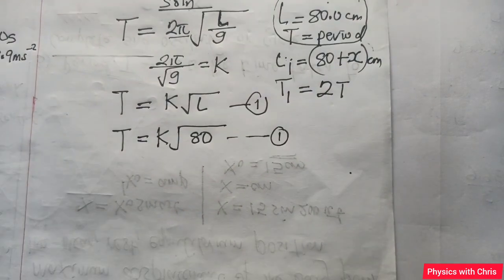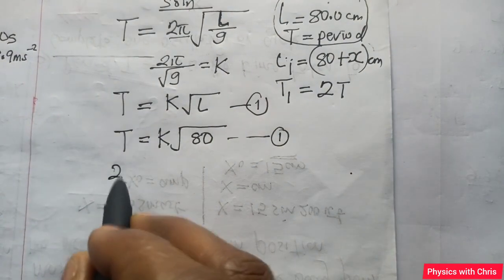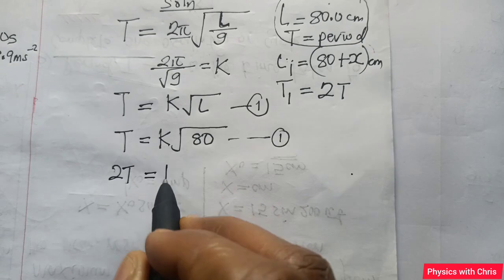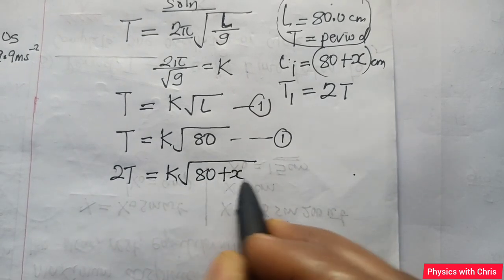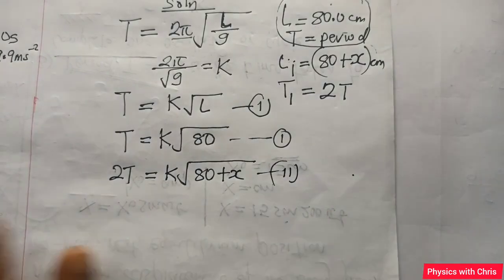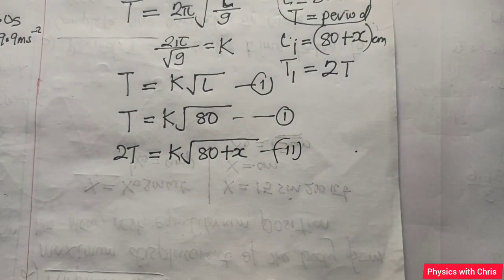Now the second condition says the length is increased by x and the period is doubled. So 2T is equal to k times square root of 80 plus x. Call that equation 2. I'll need to solve these two equations simultaneously.